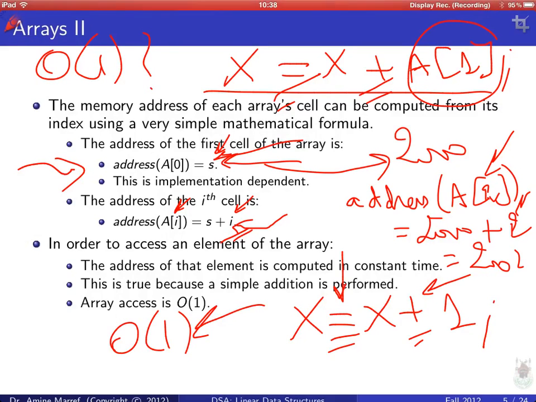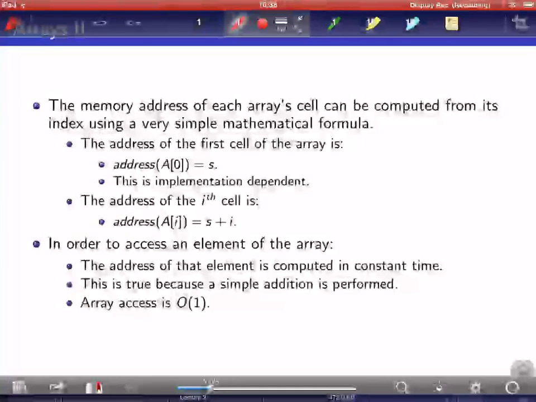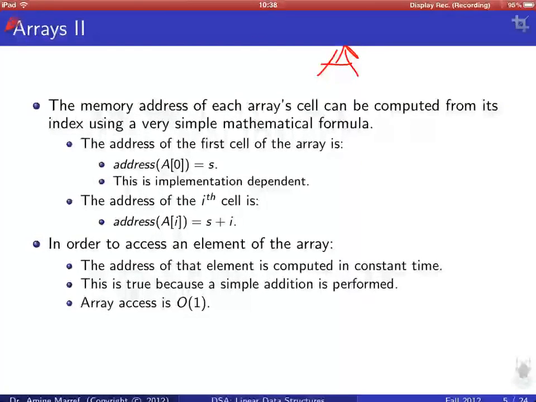In order to find the address of this element, all we have to do is to add 100 to the start address of the record. Okay? So arrays and records are contiguous data structures which have big O of 1 access time.